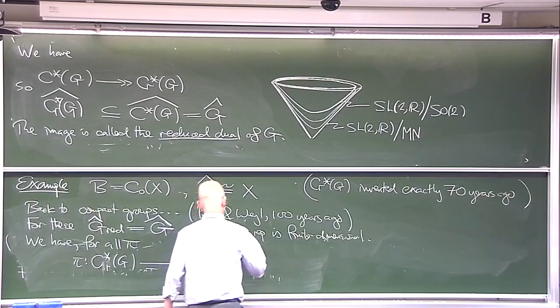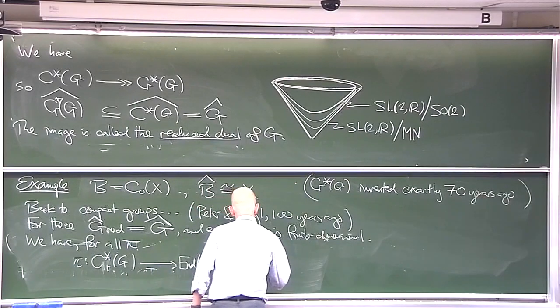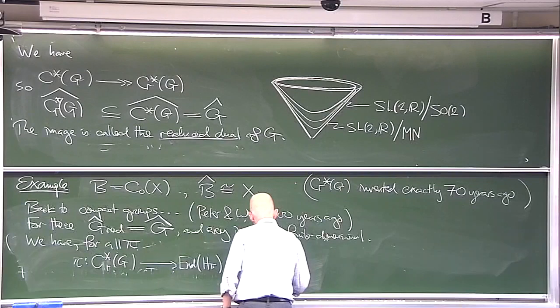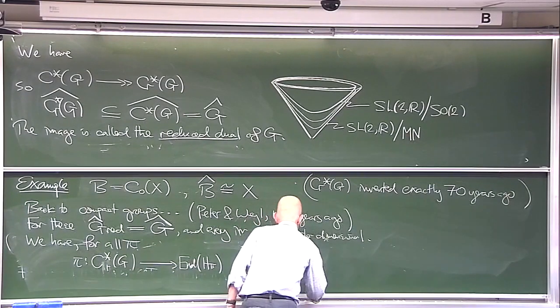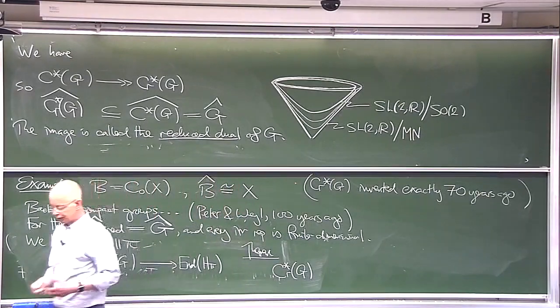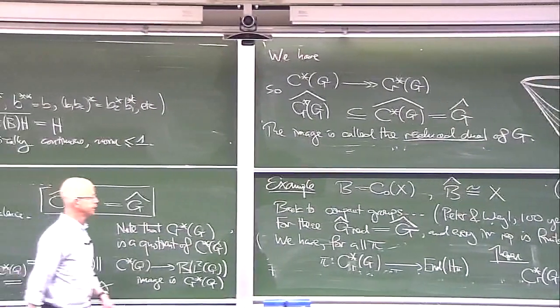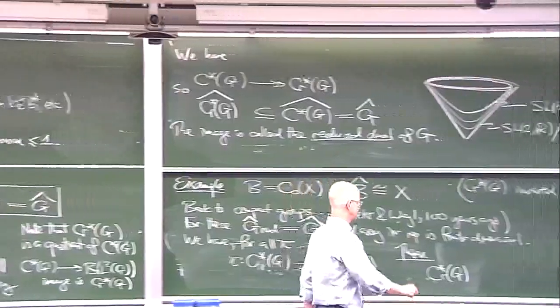And the theorem proved by Peter and Weyl is that you can take all of these individual homomorphisms collectively and build the following object.